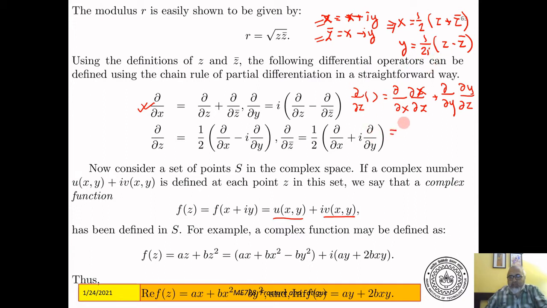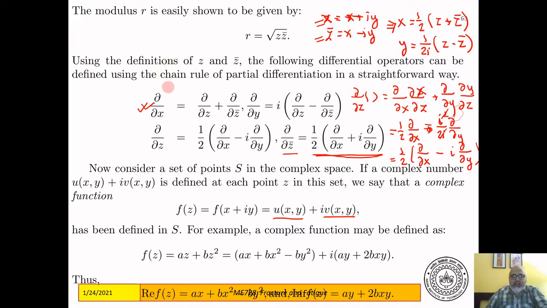So this would become half del x plus 1 by 2i del y, and you write it as i square and make this minus. Minus i square is minus of minus 1, which is 1. So i cancels, and you can write it as half of del x minus i del y. Similarly, you can write del z bar of something in a similar way.